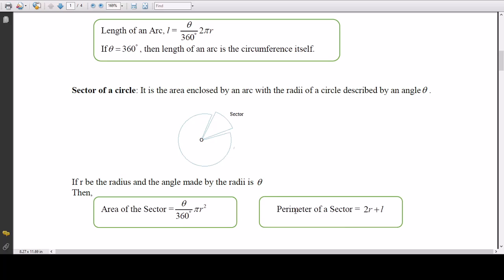If we are to find the perimeter of a sector, what are the things which make the boundary of the sector? A sector is bounded on one part by the arc of the circle, and on the other two parts by the radii. That means 2r plus L is the perimeter of a sector of a circle.